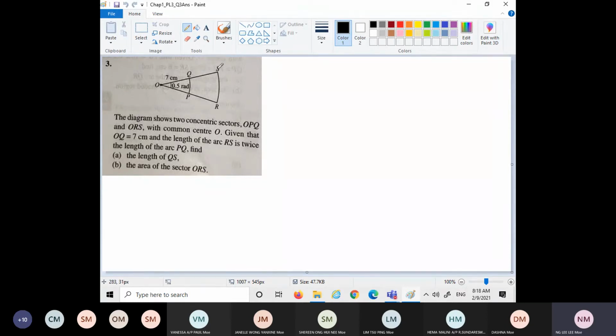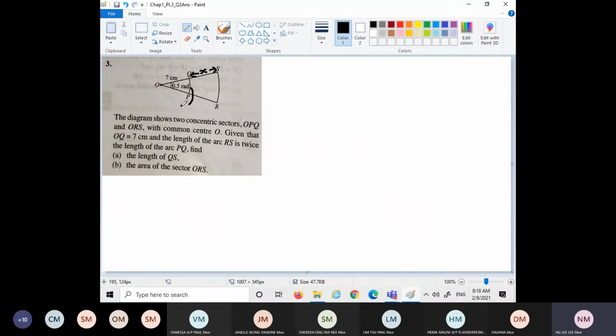QS is here. Let me label QS as X. He said the arc length RS is twice PQ. So what is the arc length of PQ? The formula is S equals r theta.